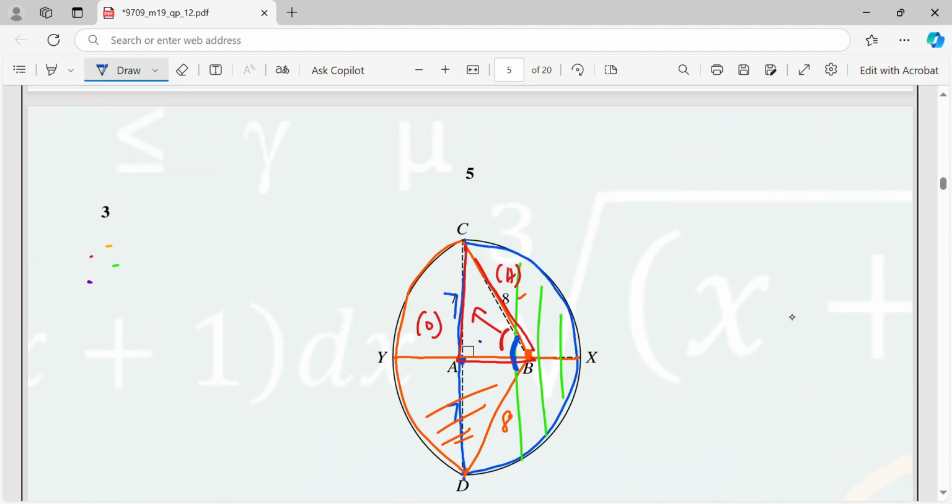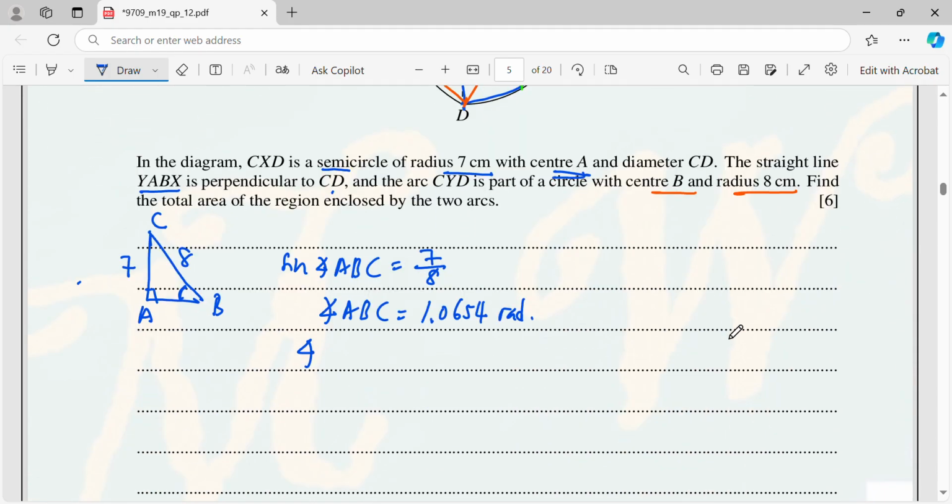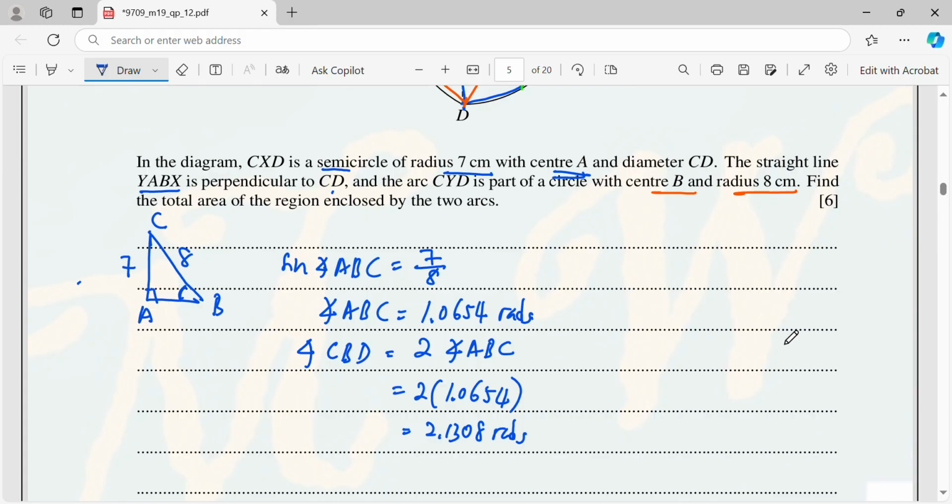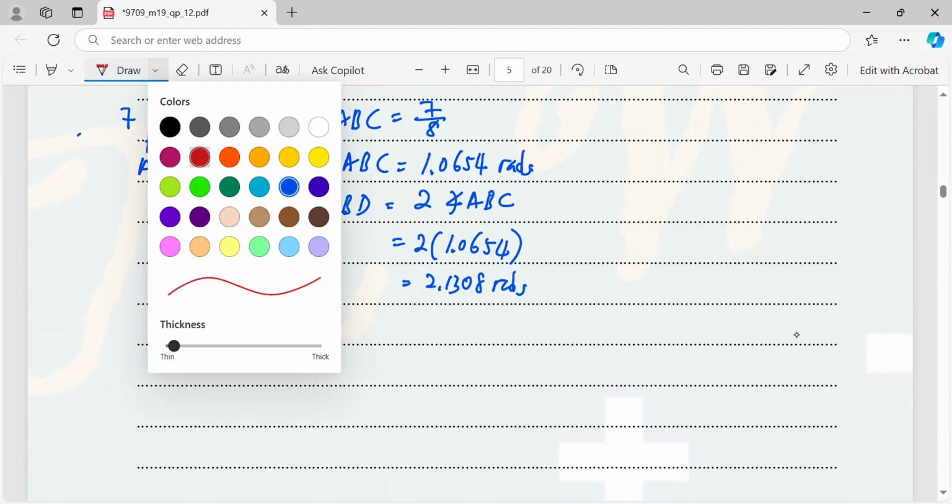CBD is this blue color. It is double of angle ABC. So angle CBD equals 2 times angle ABC, that is 2 times 1.0654, then you will be getting 2.1308 radians.